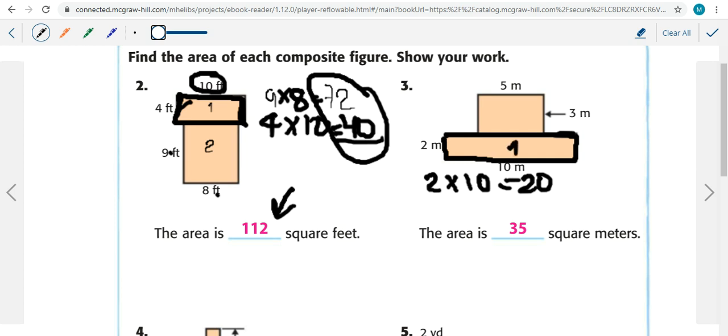This is shape 1 and shape 2. How do we find it? We multiply 5 times 3. Why? Because area is equal to length times width. Okay, and we add 20 plus 15 is 35.